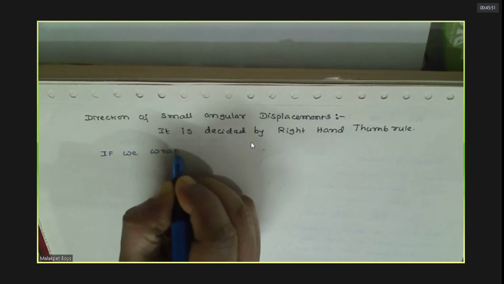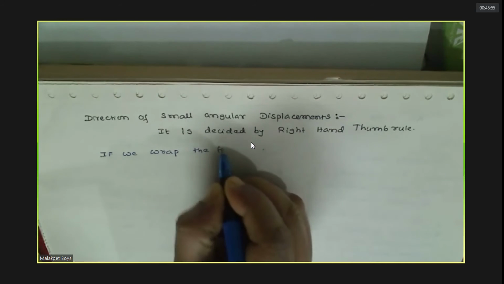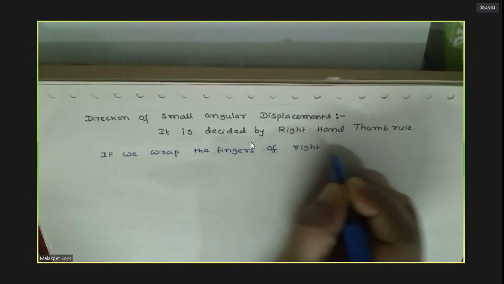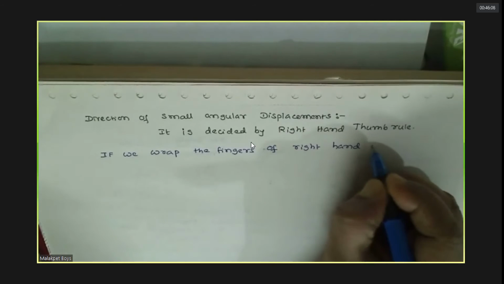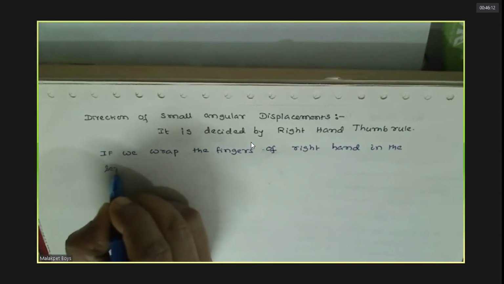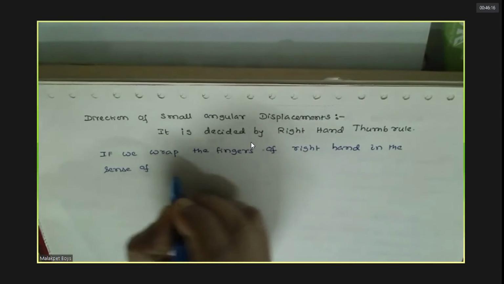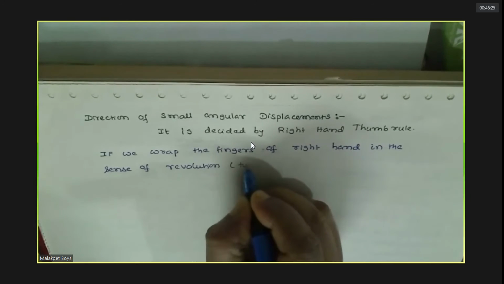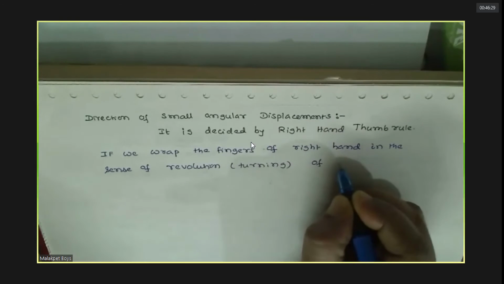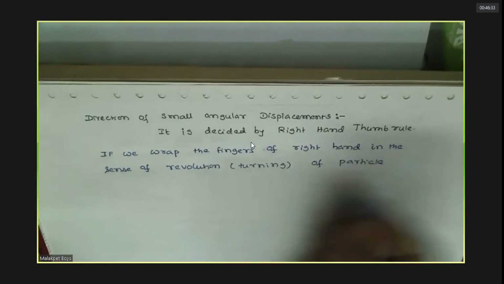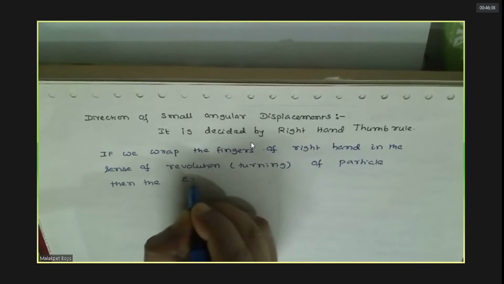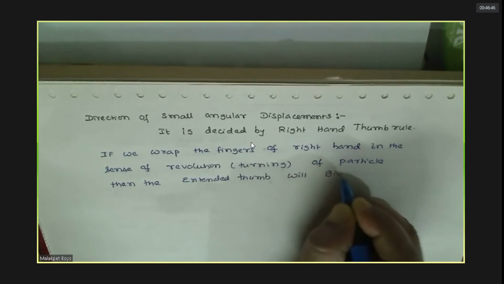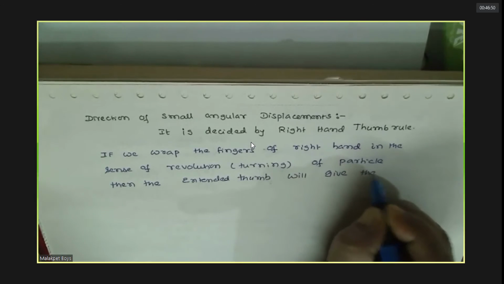If we wrap the four fingers of the right hand in the sense of revolution, then the extended thumb will give the direction.